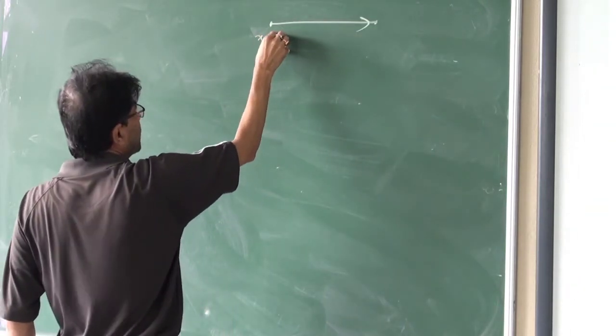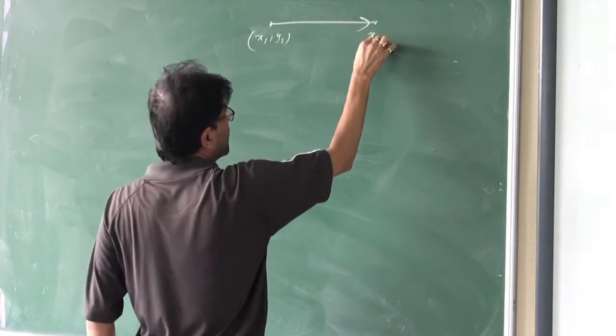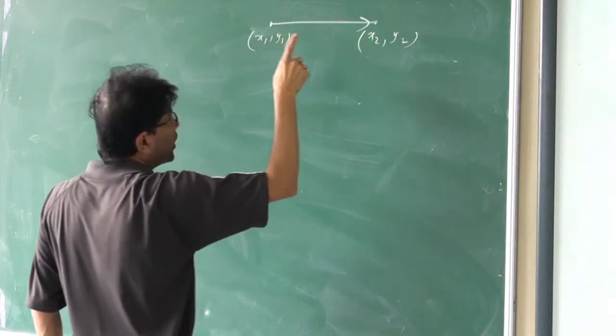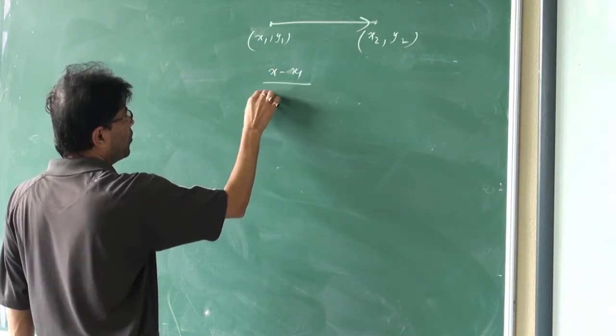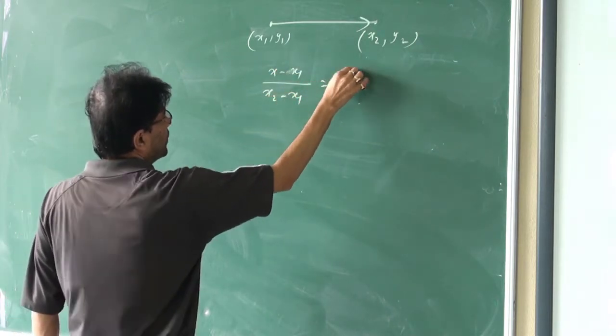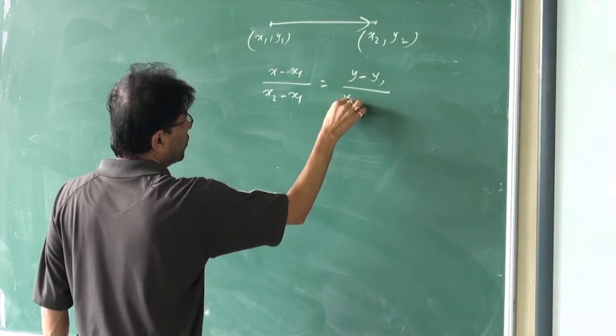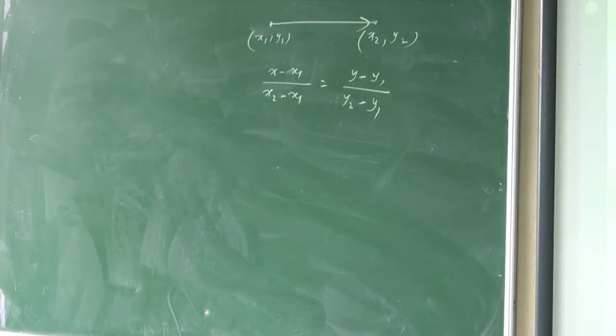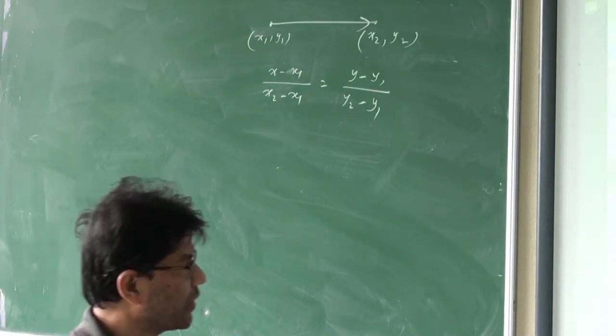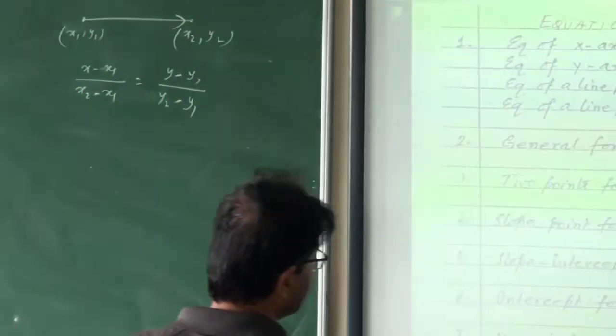This point is x1, y1. This point is x2, y2. Equation of this line will be x minus x1 over x2 minus x1 is equal to y minus y1 over y2 minus y1. You can write it in this form also, no problem. This is called two points form.